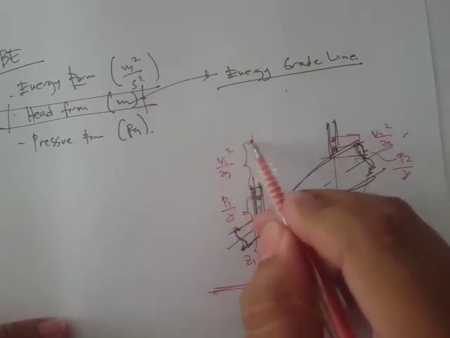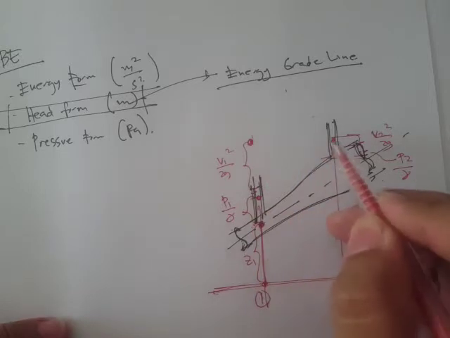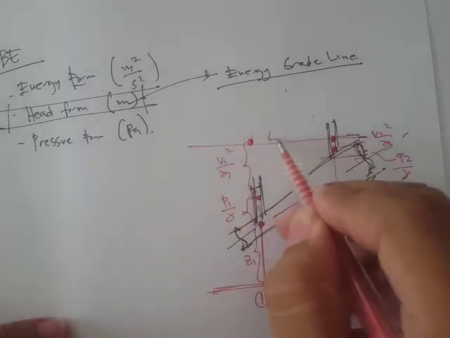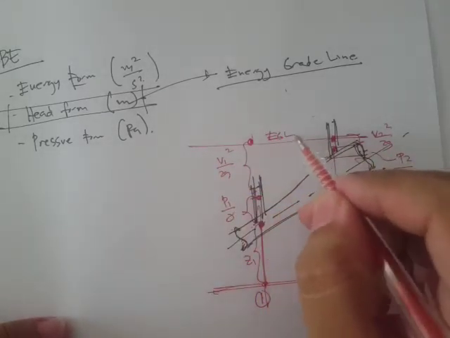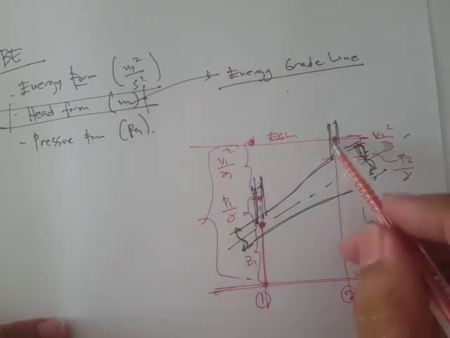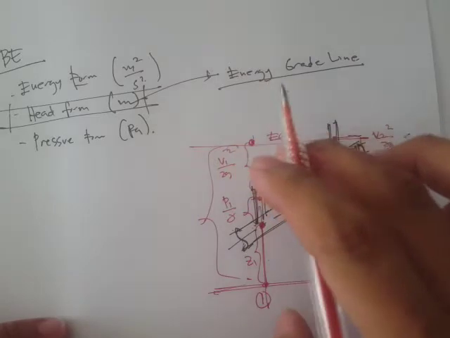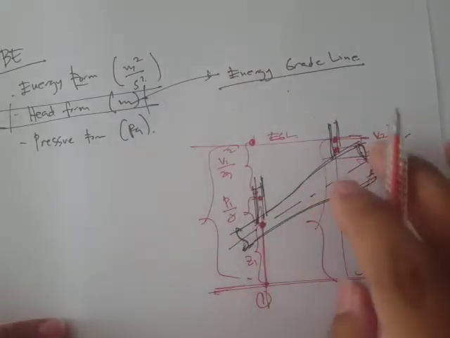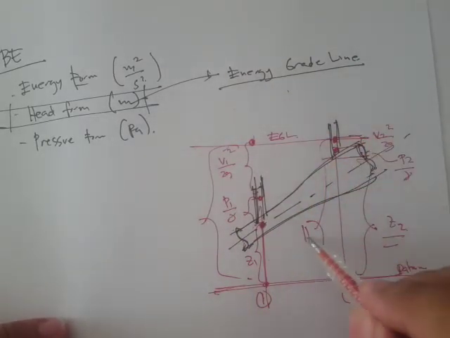So the line that connects this point to this point is what we call the energy grade line. That's basically the total head at point 1, and this will represent the total head at point 2.